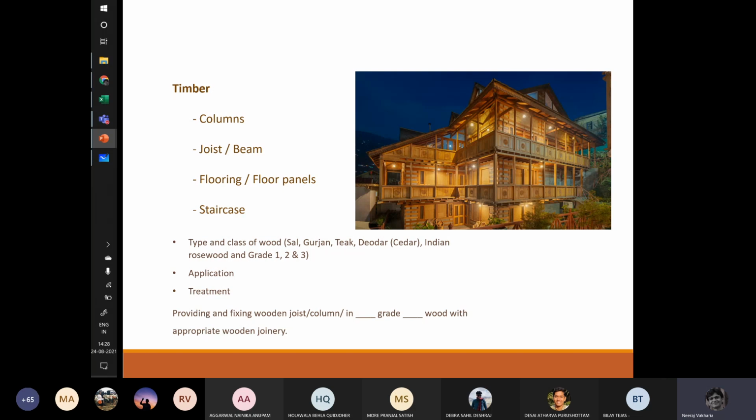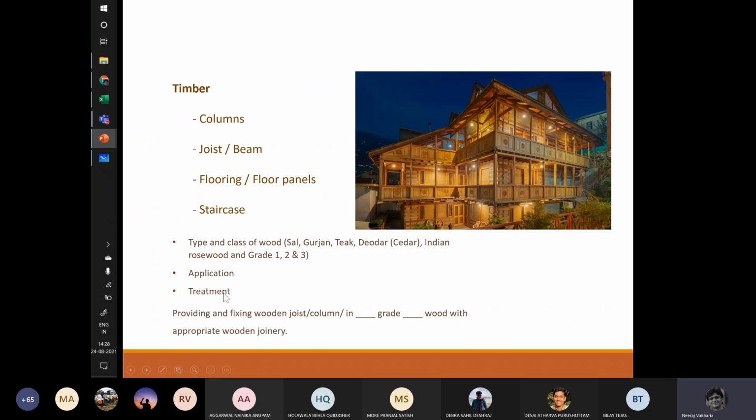Generally in the market they'll say so many cubic feet of wood is there, so many cubic feet you need. That way they talk, in volume. So you also have to calculate these quantities in volume.